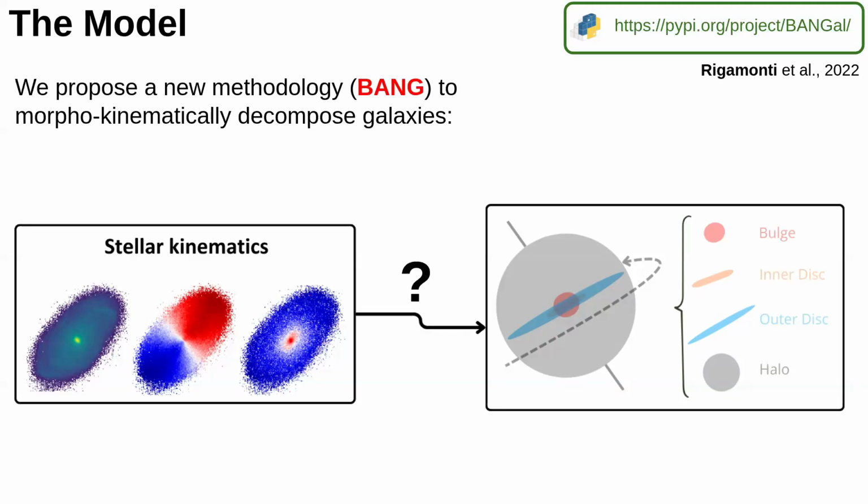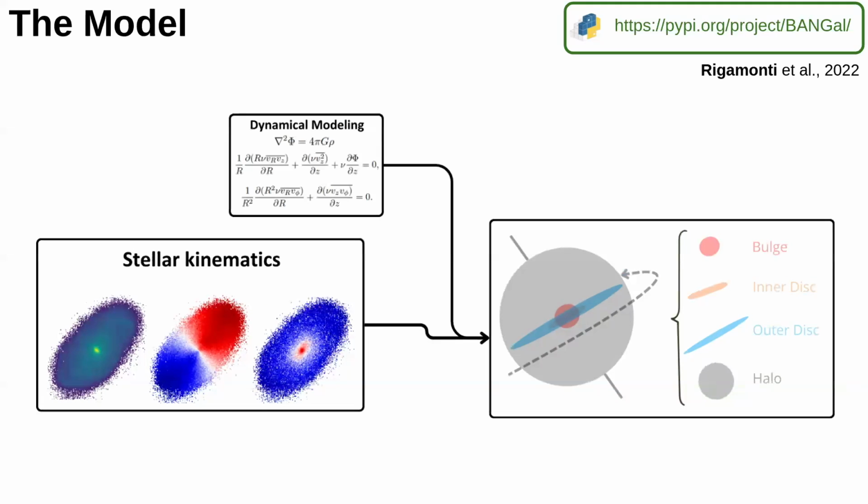The way we did that was through the technique of dynamical modeling, in the sense that the mass density that originates, through a conversion of a mass to light ratio, the surface brightness is the same which originates also the stellar kinematics. So basically the two are connected by the Poisson equation.